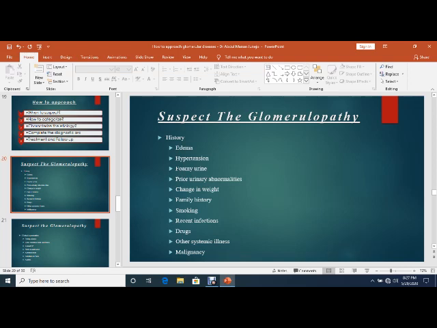Also recent infection, throat infection, skin infection or respiratory infection, and drugs, so many drugs, NSAIDs, non-steroidal anti-inflammatory drugs, penicillamine, gold, a lot of drugs can also cause these glomerulopathies. Other systemic illness and malignancy.